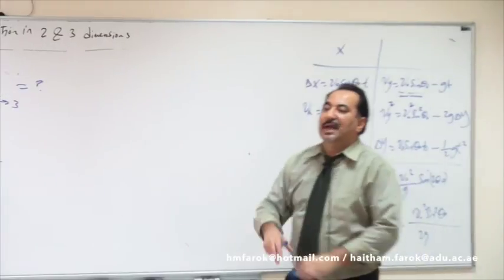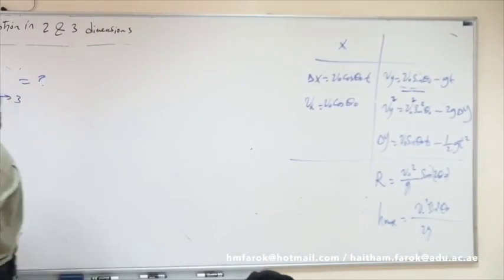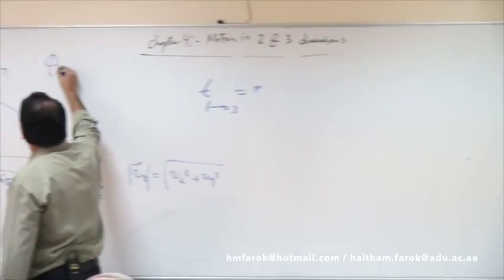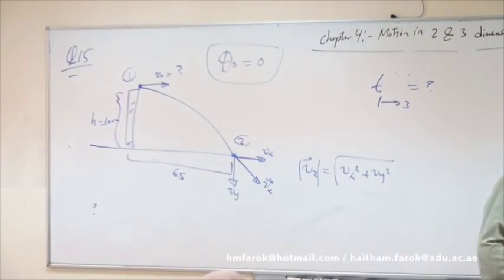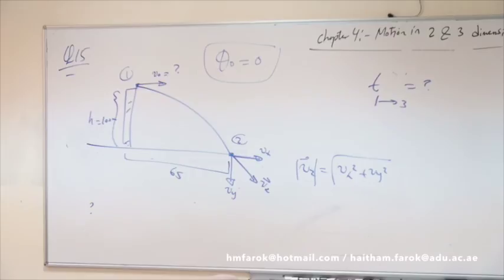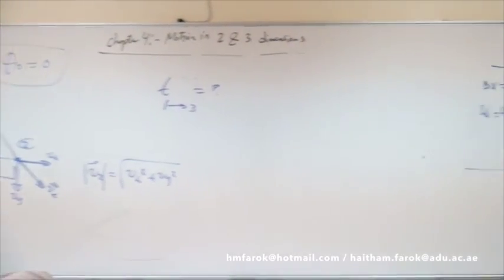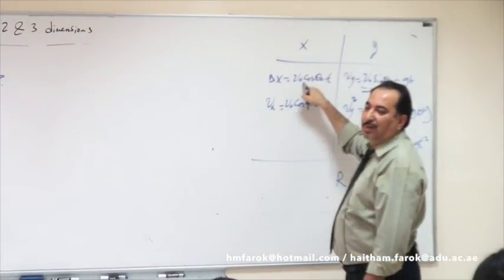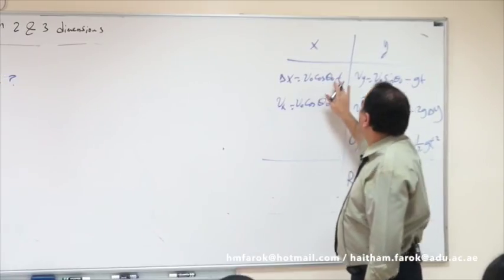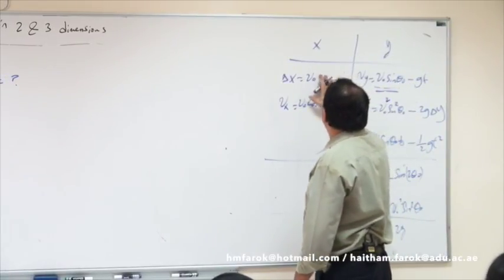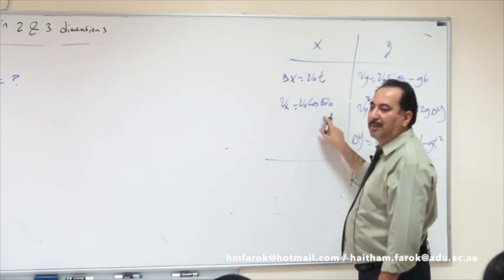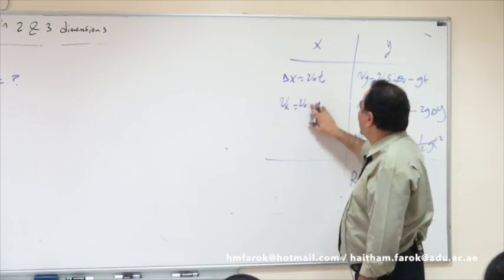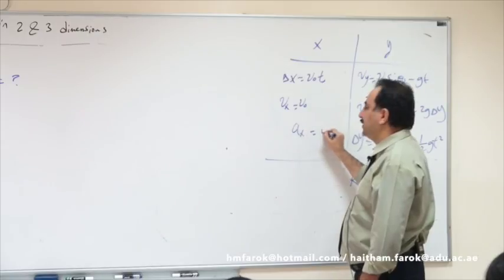When you fire horizontally, what does that mean? Don't forget that. Theta naught is 0. So now let's modify the equations here. If theta naught is 0, cosine theta naught is 1. So this equation becomes V naught t. And Vx equals? Of course, Ax is always 0.